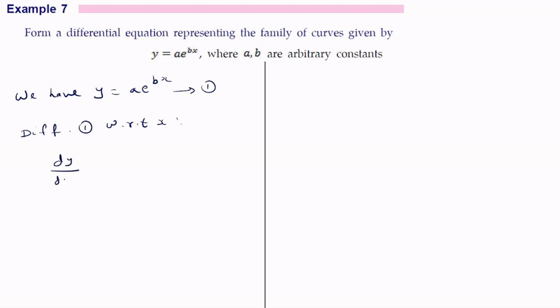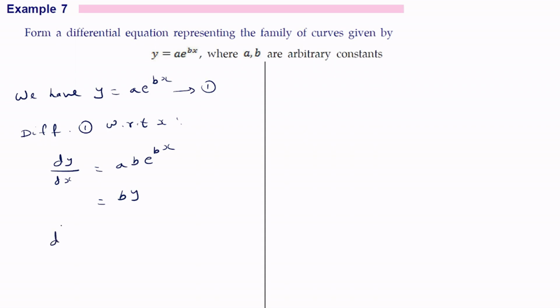So we get dy by dx equal to ab into e raised to bx. In place of a e raised to bx we can put y. So this is equal to by.